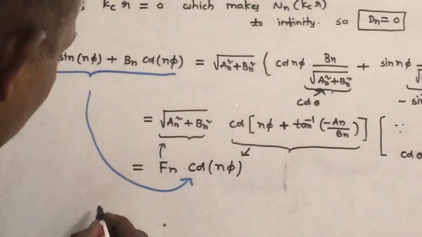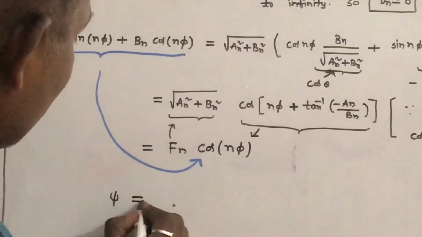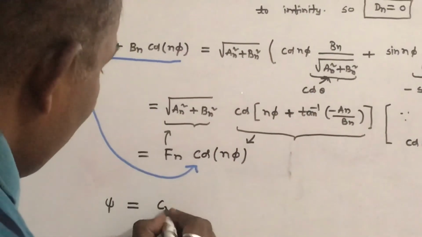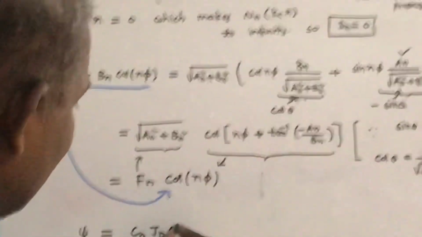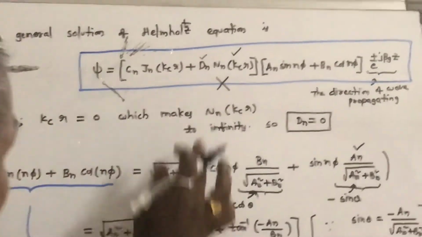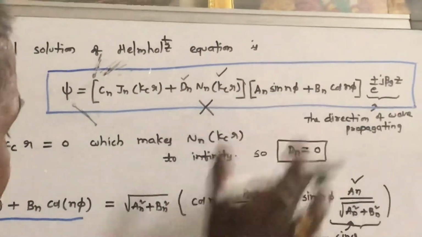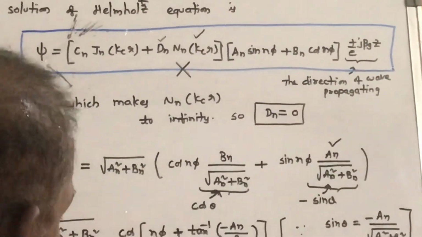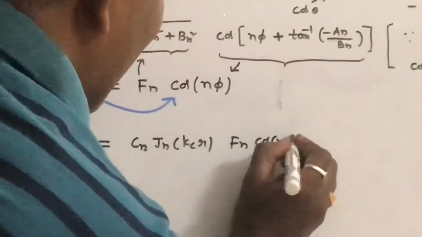What is the first term? Cn Jn of kc into r, where we have made the second term 0, and this is written as fn into cos of n phi.